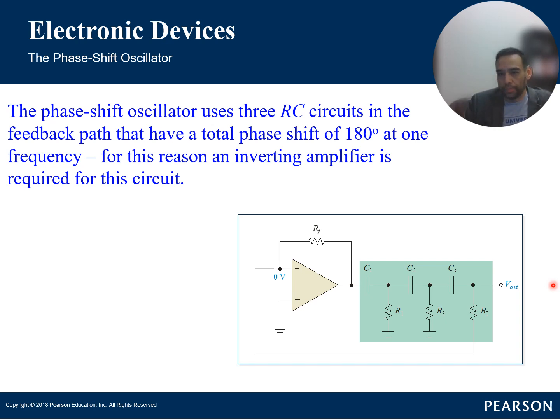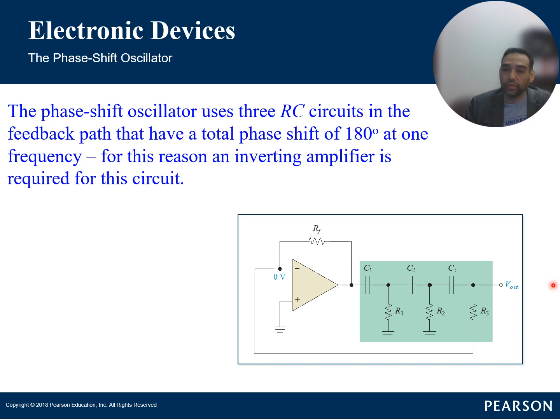So the amplifier amplifies the phase shifted signal and feeds it back to the input of the network. Frequency determination in this case is primarily determined by the time constants of the RC stages in that feedback network that you see highlighted in green.